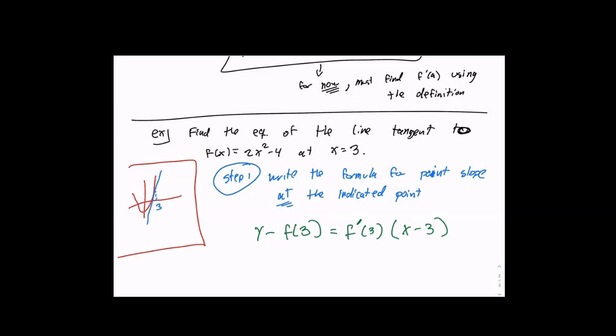Yeah, so the f and the f prime. So f of 3 and f prime of 3. Basically, all you have to do now is find f prime of 3.